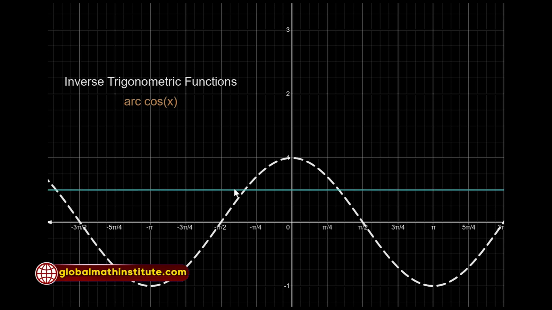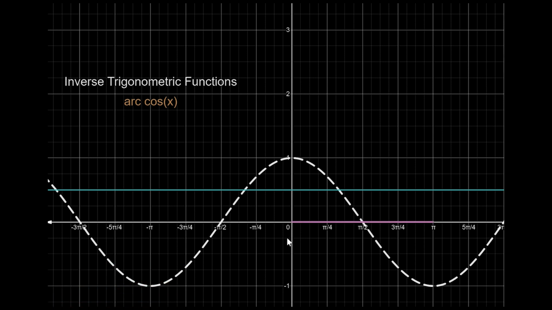As you can see, the horizontal line cuts through at more than one point, and therefore its inverse will not be a function. To ensure that the inverse is a function, we will have to restrict the domain of the cosine function.